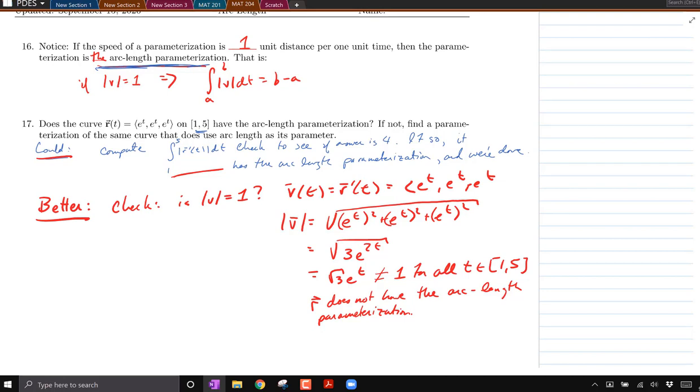So one way I think that was easiest to kind of put all these pieces together is we're going to now reparameterize this. By the way, I should have said this, when we have something that's parameterized with the arc length parameter, instead of writing t for time, we write s for arc length parameter.